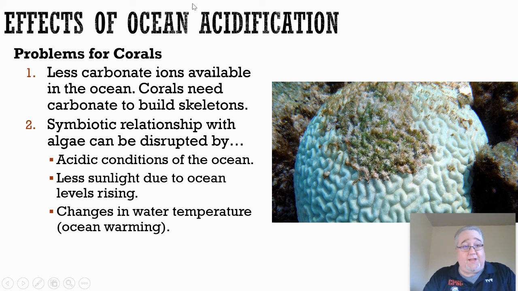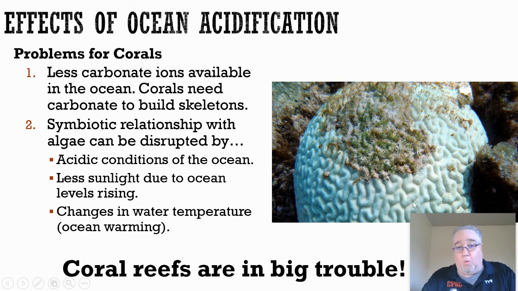So, understand that there are a lot of different factors affecting this symbiotic relationship between the algae and the coral. And global warming, caused by greenhouse gas emissions, causes all of these problems for corals.